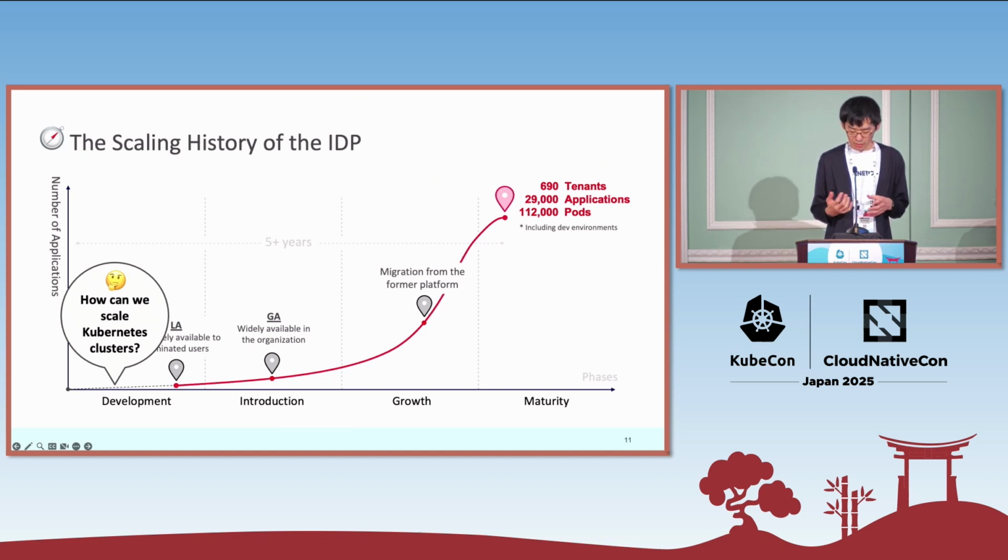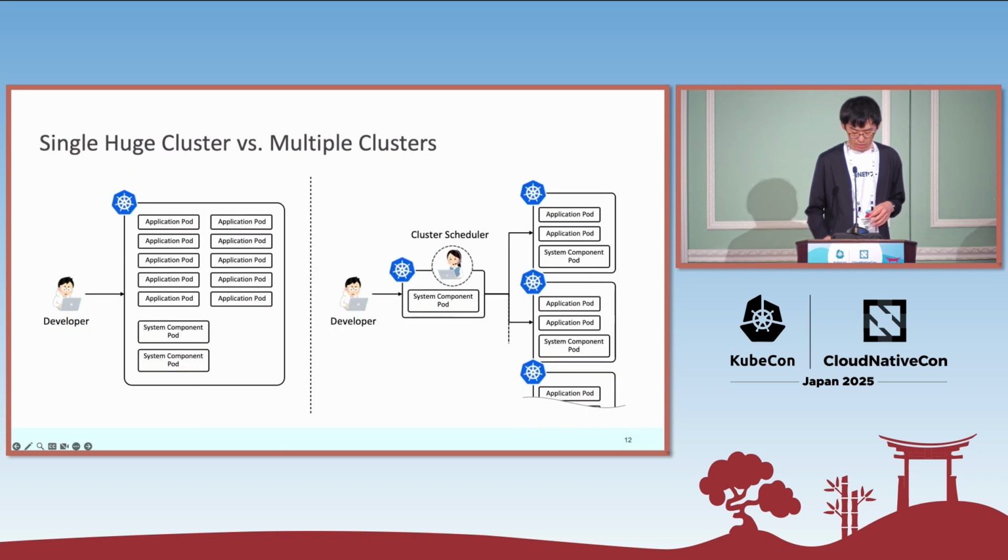So ensuring that all developers in the company could use the platform was the most important requirement. And we considered two approaches to realize this requirement. One is scaling up a single cluster, and the other is building a single logical cluster with multiple clusters.